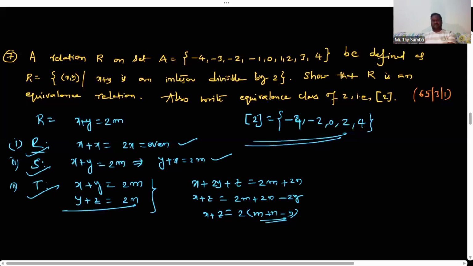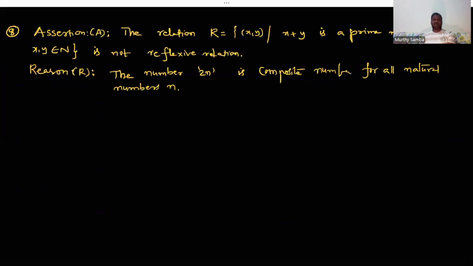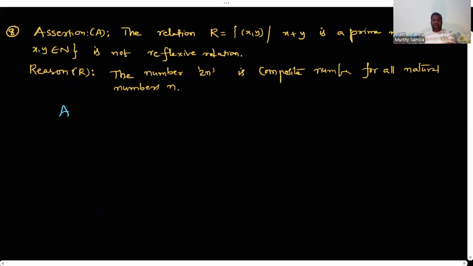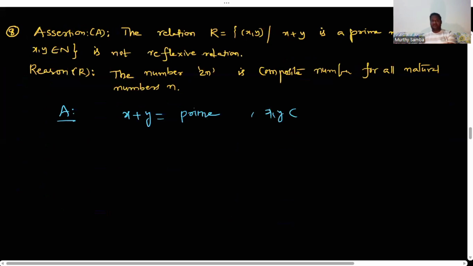Coming to the next problem, problem number 8. See, what is the assertion as well as what is the reason? The relation R is equal to, I'm talking about the assertion now, x plus y is a prime number, and it is not a reflexive relation, where x comma y are from the natural number system. So a reflexive relation is nothing but what kind of relation?